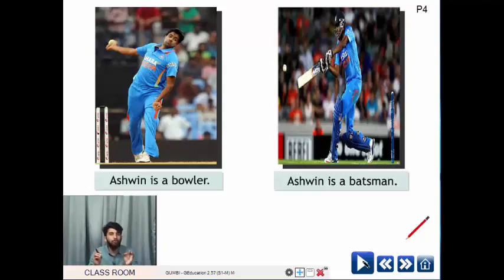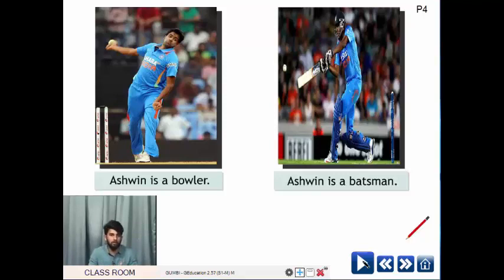Now children, you have two simple sentences, and we are talking about the same person, right? About whom? Ashwin. How many sentences do we have here? Two. Very good. What sentences are these two?